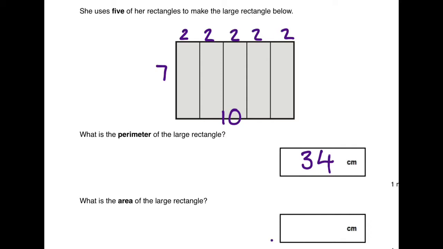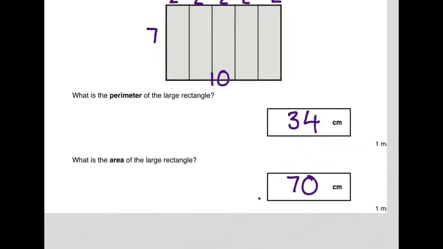Okay, so the area of the large rectangle. So again, we know that to do the area, we've got to times the length by the width. 10 times 7, which is, pause the video, try and work it out, 70. So the area will be 70.